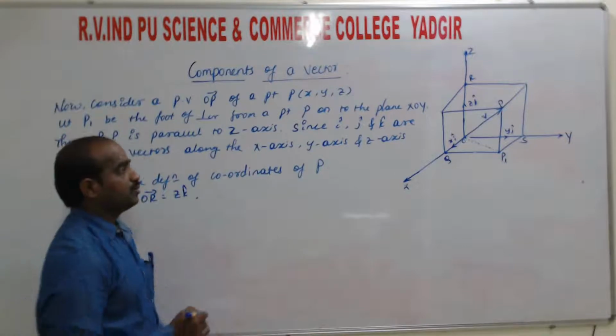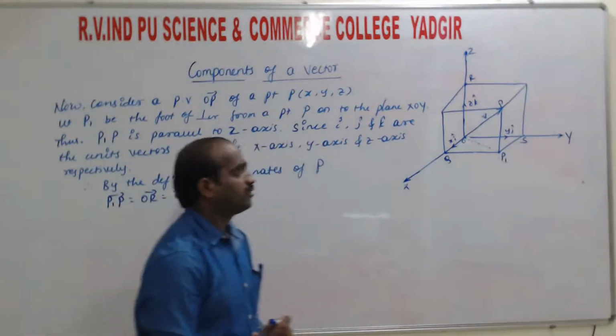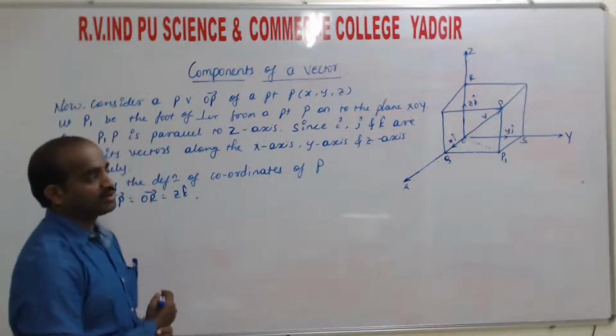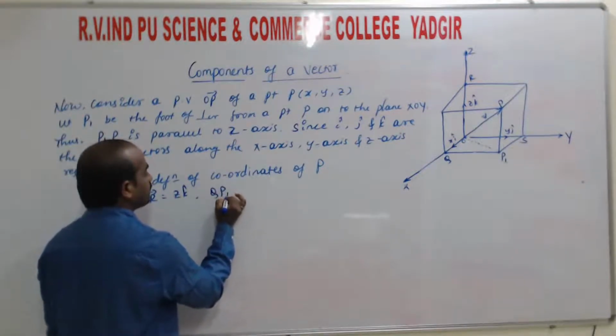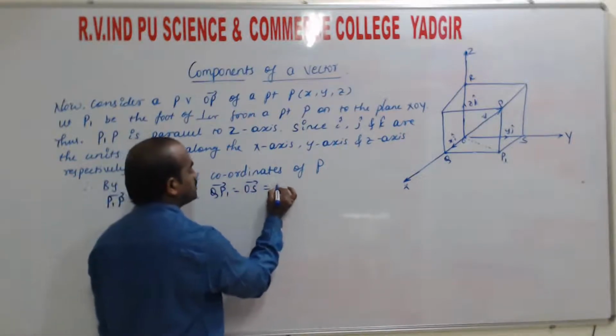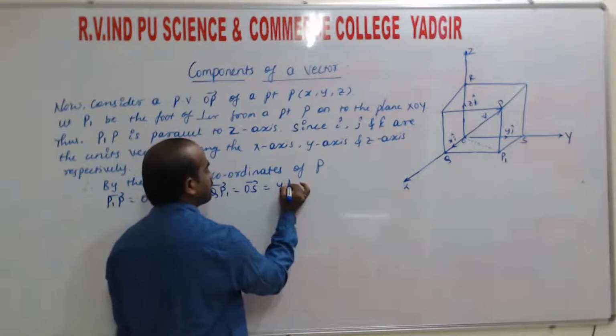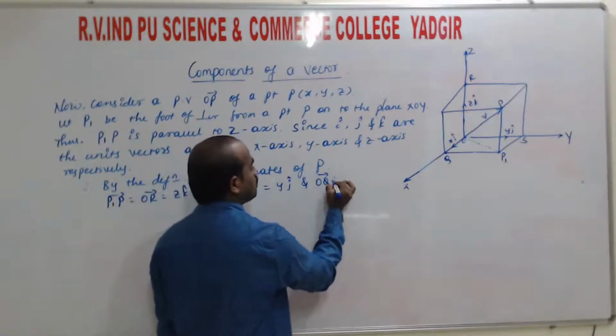Next is OS. QP1 is equal to what? QP1 is parallel to the y-axis. QP1 is equal to the OS vector, which is yj. And OQ is equal to xi.